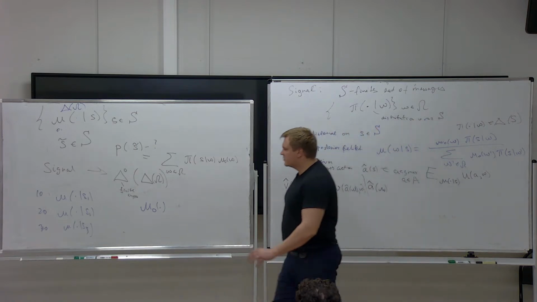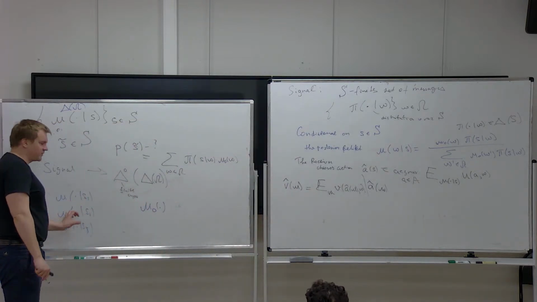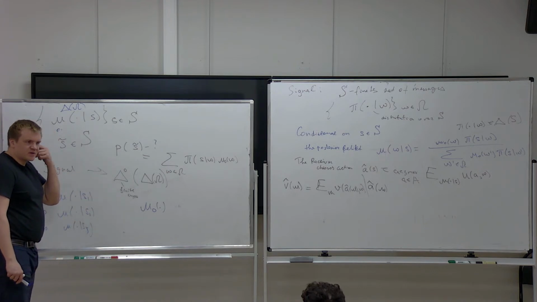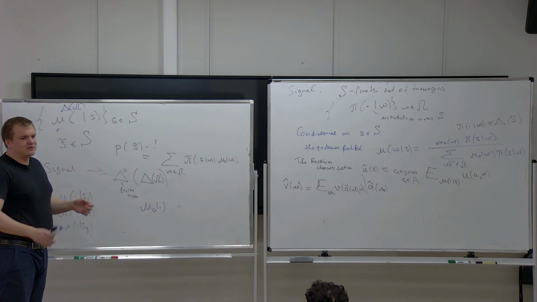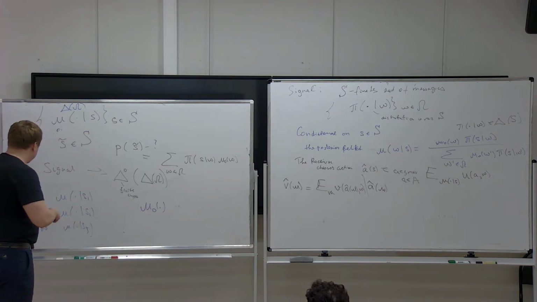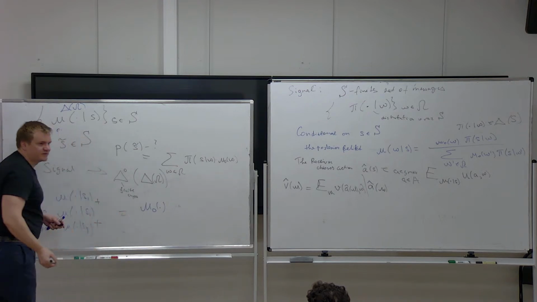So with probability 10%, I will obtain this posterior. With probability 20%, I get this posterior. Probability 70%, and these are distributions. Well, we have the formula of total probability, right? If I add this up, it has to equal the prior.